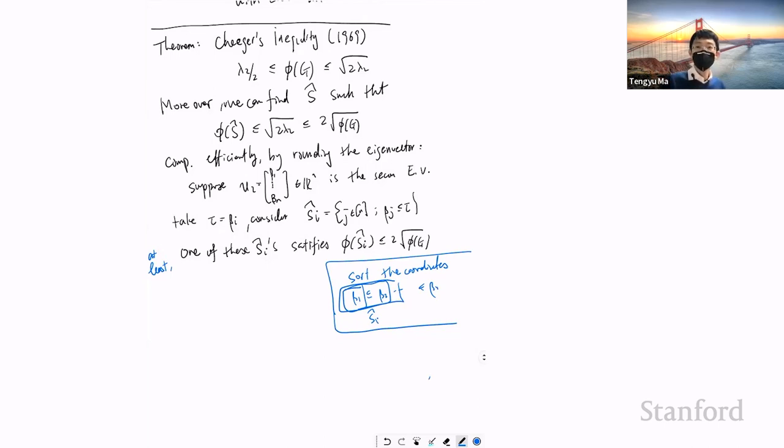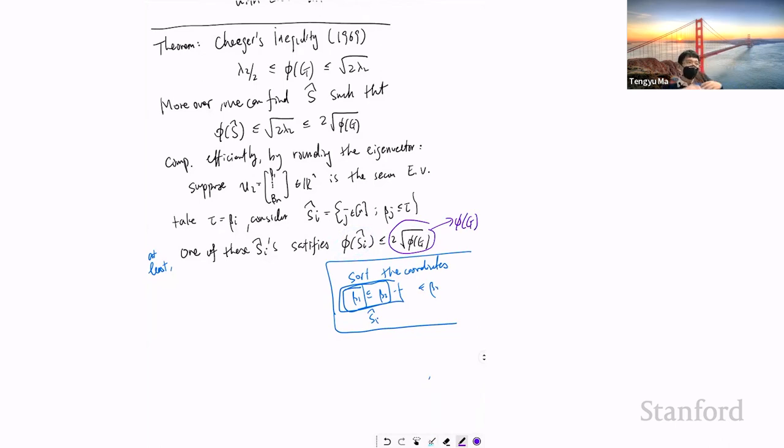I see some questions here. The question online is that the S hat i found this way isn't the best possible cut, right? Yes, you are not guaranteed to find the best possible cut. You're only guaranteed to find a cut such that phi of S hat i is less than 2 times square root phi of G. If you magically changed this to phi of G, then you would get the best cut, because phi of G is the value of the best cut.